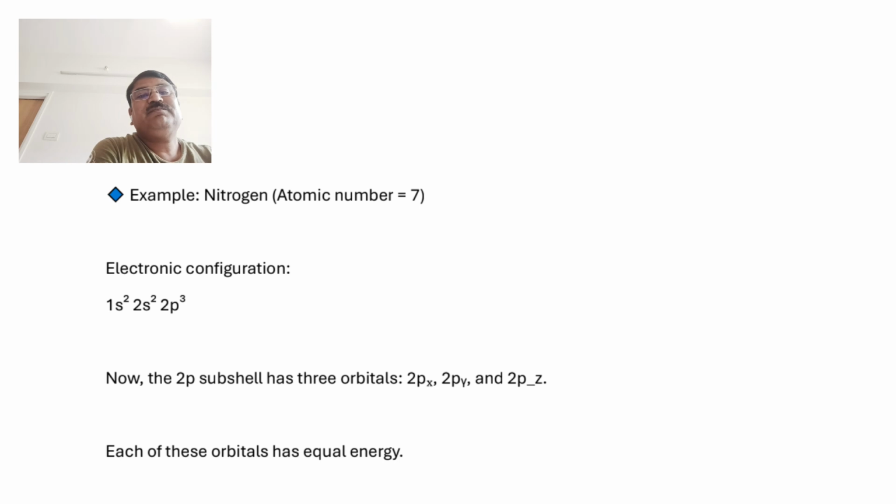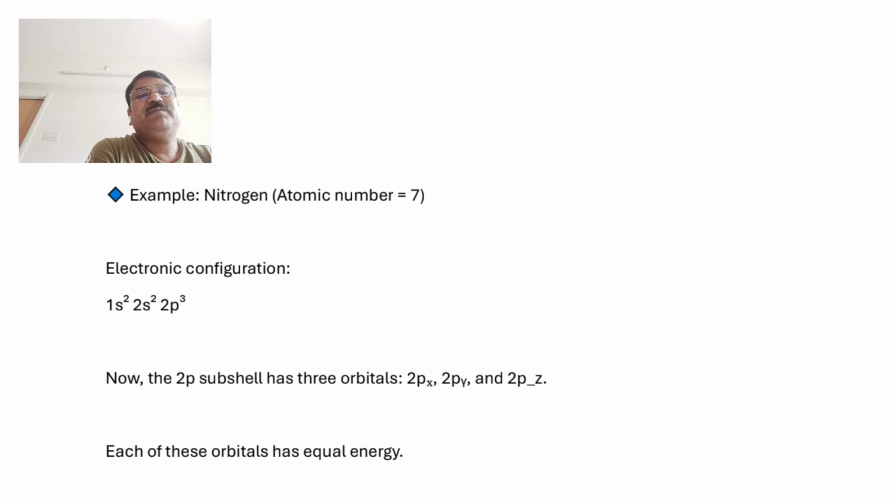Now we are taking a specific example, that is nitrogen. Nitrogen has atomic number 7. What is the atomic number of nitrogen? 7. Atomic number 7. Now according to Hund's rule, how are these 7 electrons filled in various atomic orbitals?